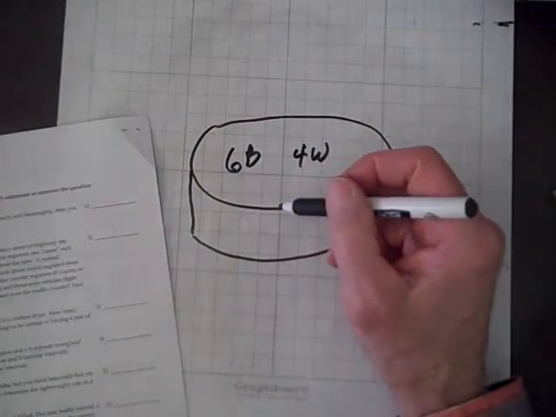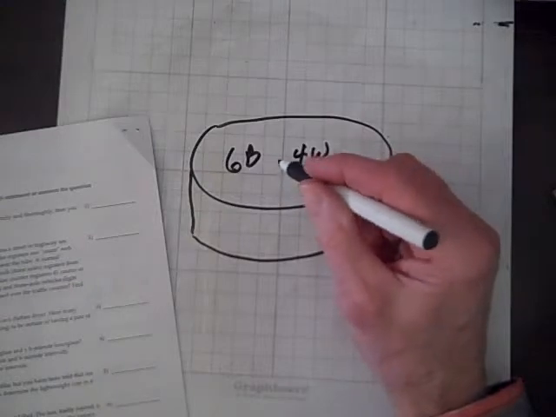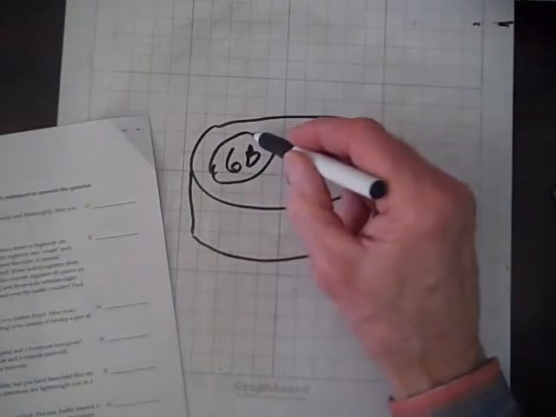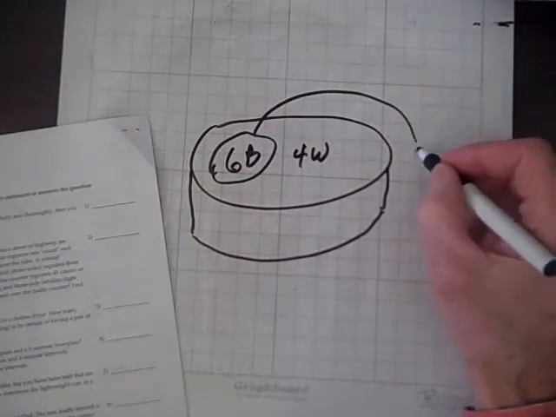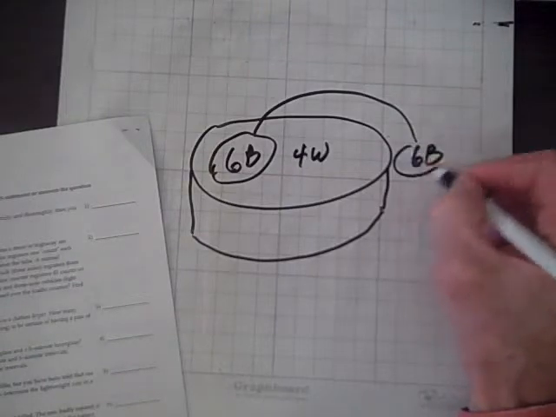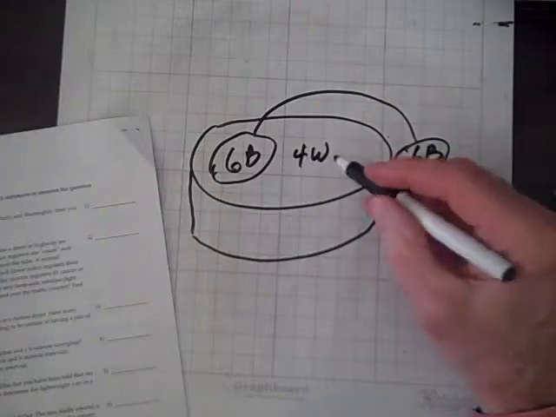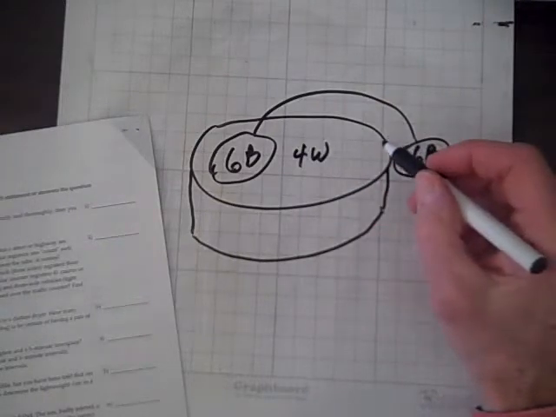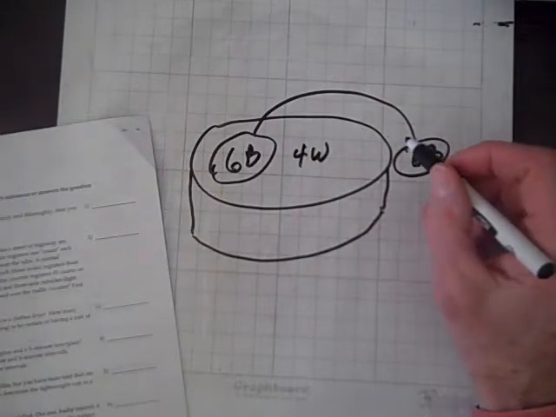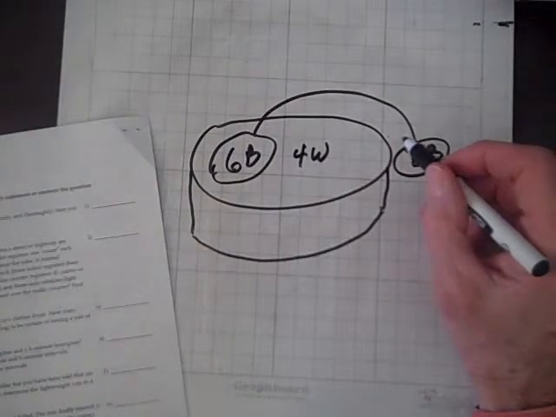What if our first 6 times we reach in, we pull out a black sock each time? So now we have 6 black socks out here. How many more times would we have to reach into this dryer to be sure of having at least 1 pair of white socks?